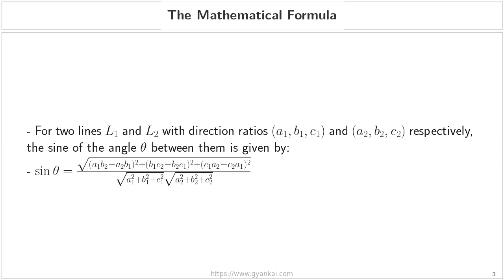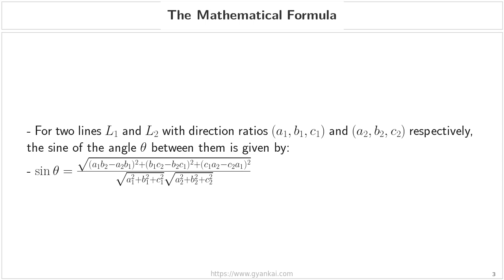In the numerator, we have the square root of the sum of three terms. The first term is the quantity a1b2 minus a2b1, all squared. The second term is the quantity b1c2 minus b2c1, all squared. And the third term is the quantity c1a2 minus c2a1, all squared.